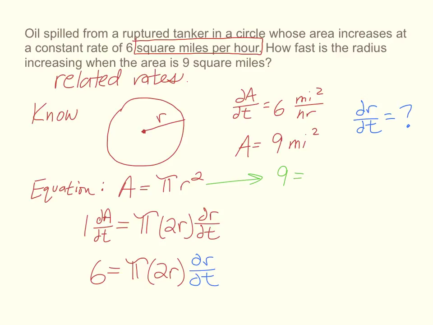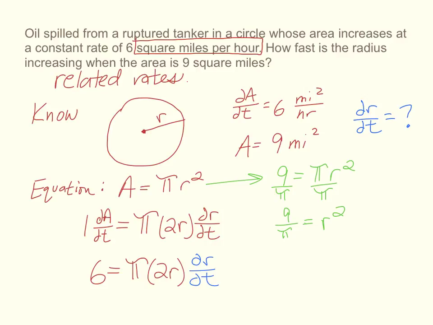So 9 equals pi r squared. If we divide both sides by pi, then you get 9 over pi equals r squared.